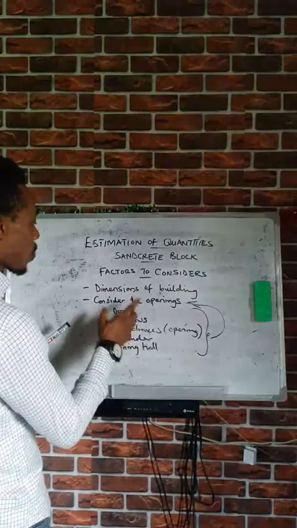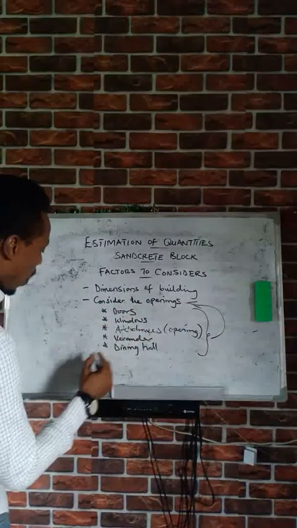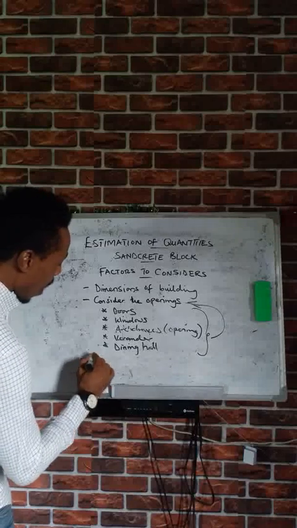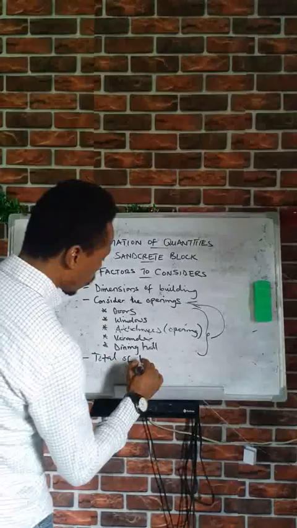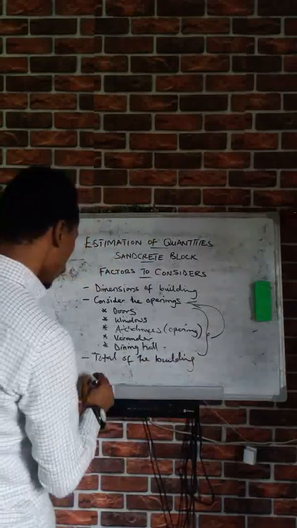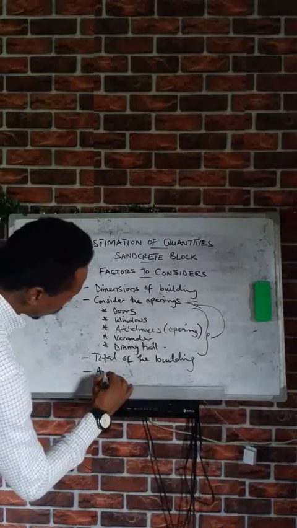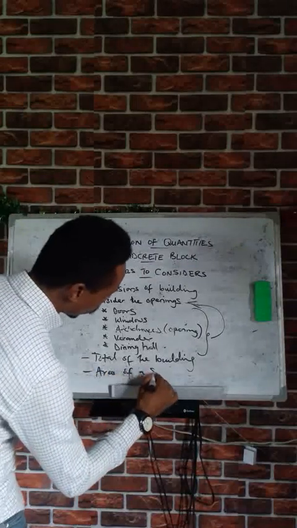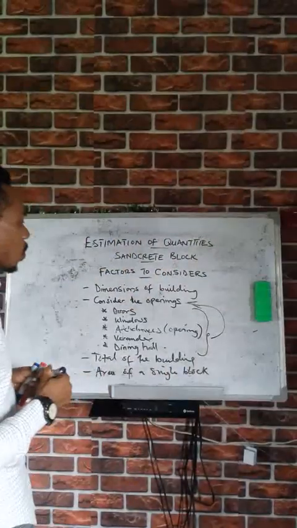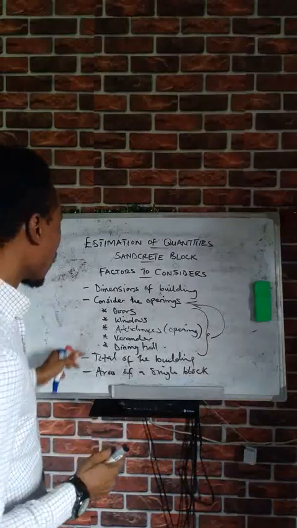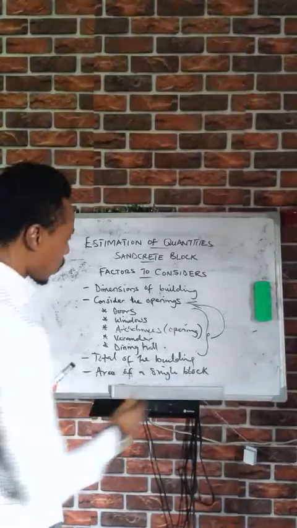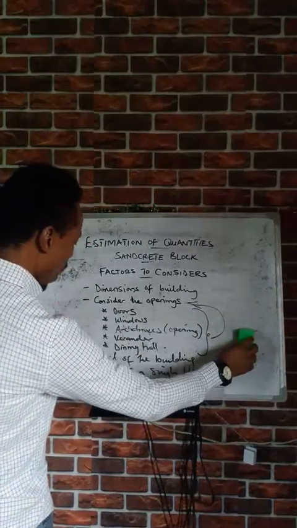Another thing is you have to look at the total area of the building, and the area of a single block. So these are factors you need to consider while estimating the quantities of your sandcrete blocks. All right, so let us go further.